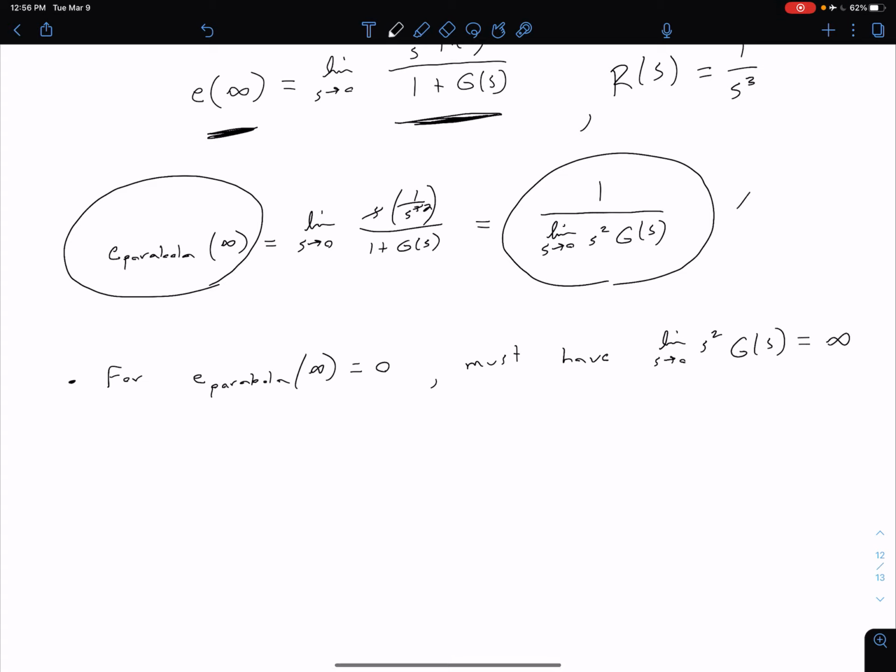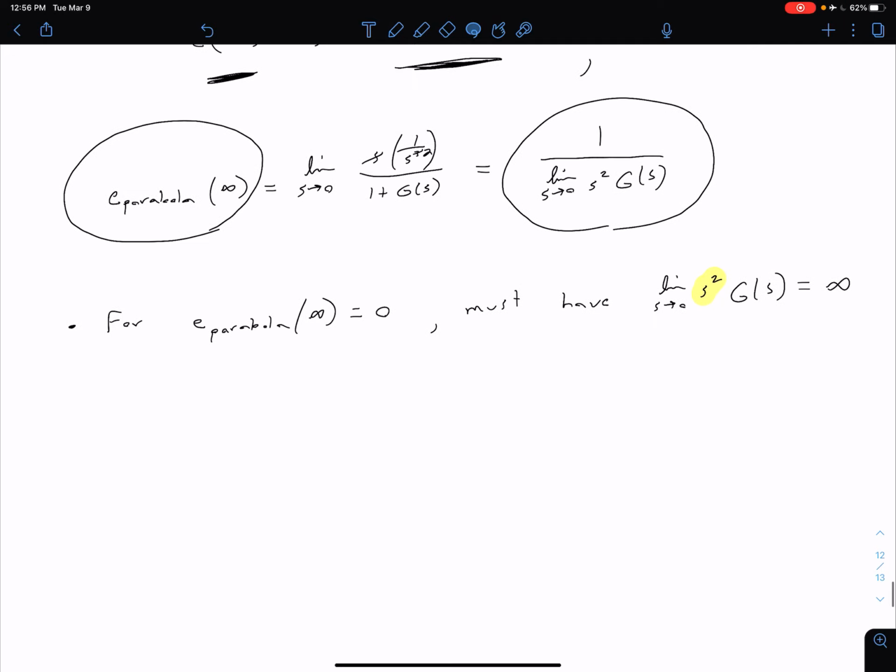And of course that comes from this expression here. We want to be able to say 1 over infinity, which is equal to 0. And of course it's the same basic form we've seen with our unit step and our unit ramp input, except now we have an s squared here, as opposed to our unit ramp where we just had s, and our unit step where we did not have any s. It was s to the 0, essentially.